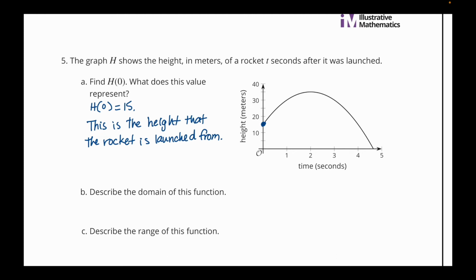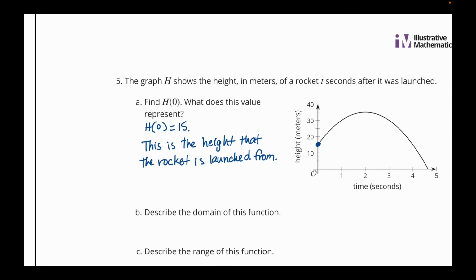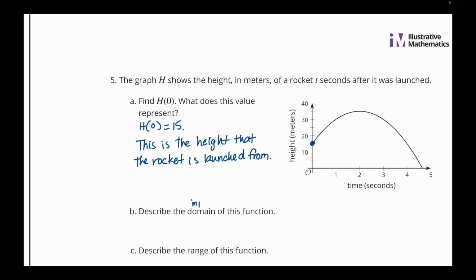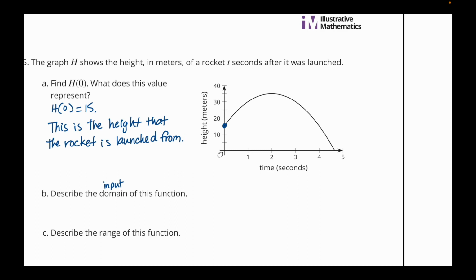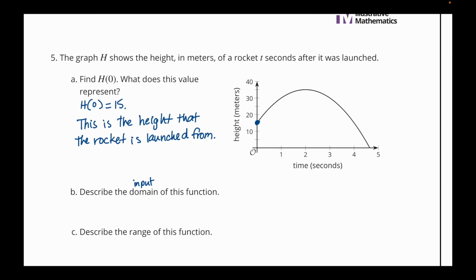Okay. So B says describe the domain of this function. So that is all of our inputs, because domain means input. So describe the domain of this function. Well, we're not going to use negative time, but we can go from 0 because we do have a starting height.